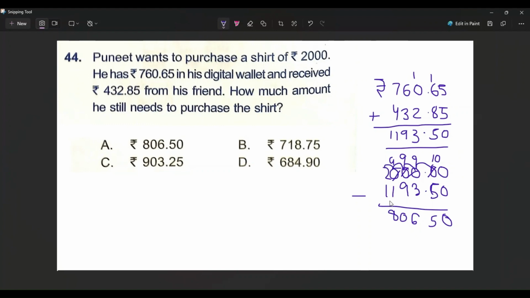So 1 when borrowed over here, it becomes 1. 1 minus 1 is 0. After two digits, the decimal point is there, put a decimal. So now it became 806.50 rupees. So option A, rupees 806.50 is the right answer.